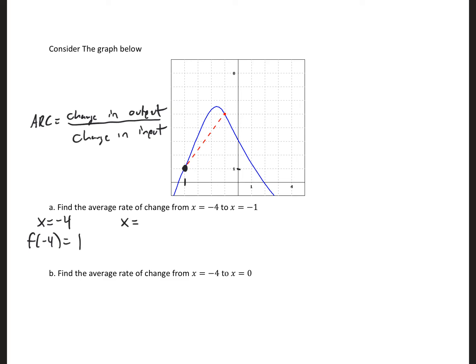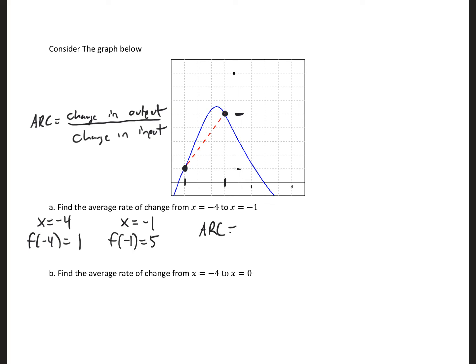When x equals negative 1, the output value there, the level is up 1, 2, 3, 4, 5 places. f of negative 1 is 5.